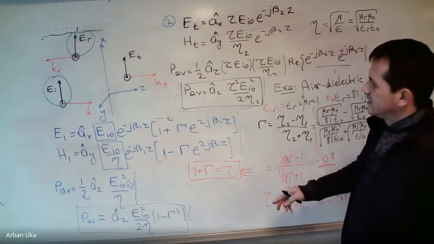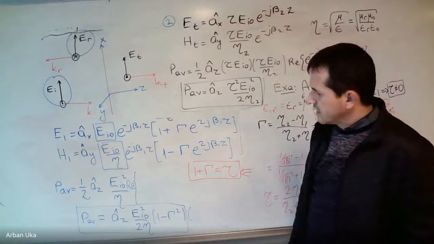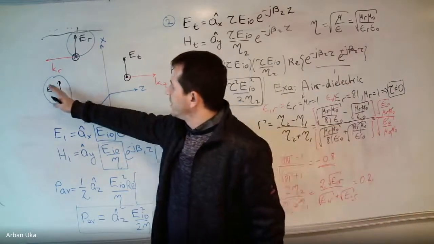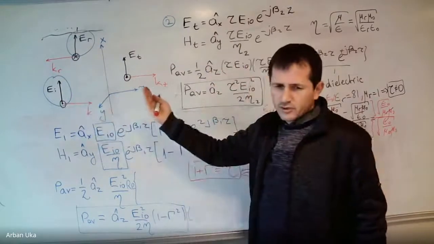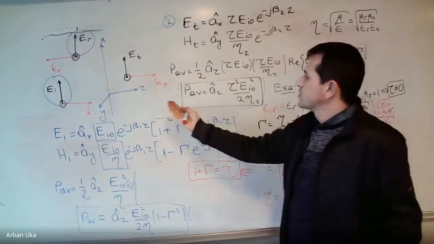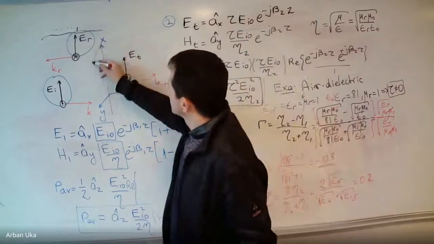Now we said, so let's have a look for a moment. So this was medium 1, and this was the average energy flow in medium 1, and apparently it is flowing in this direction. So we have some net energy flow in this direction, and this is for medium 2, and this is also some net. Now this is our interface.